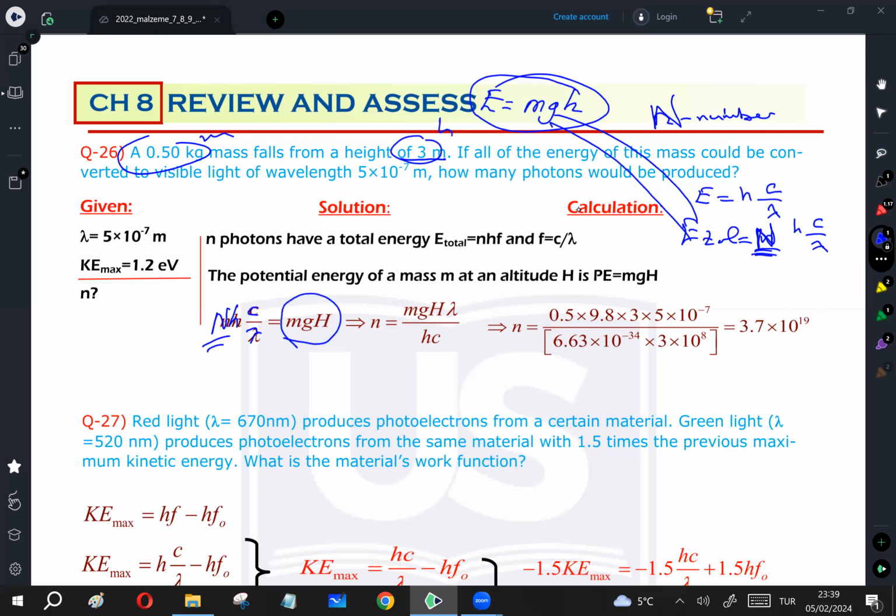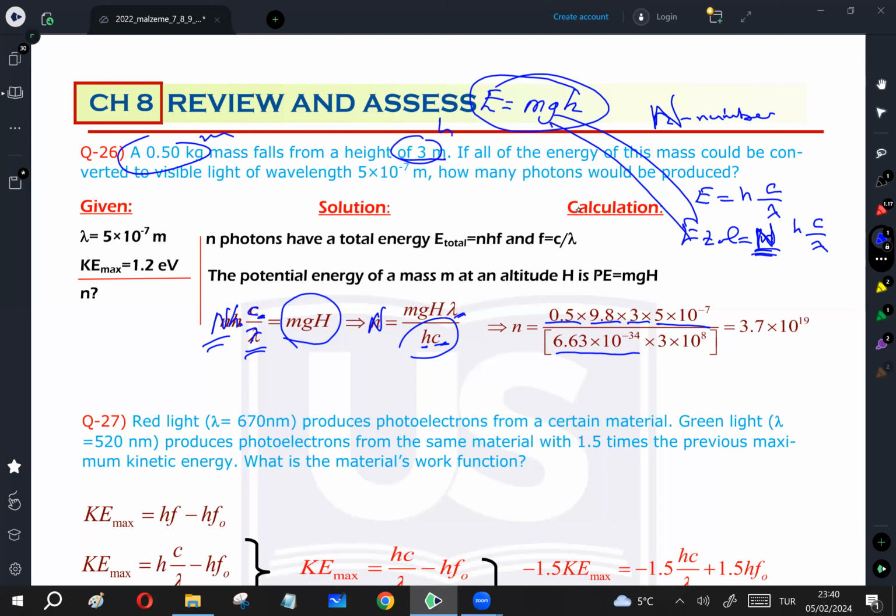Then I will calculate this N. I have to transfer hc over lambda to the other side. So lambda goes from denominator to numerator, c goes from numerator to denominator, h goes from numerator to denominator. So it becomes mgh lambda divided by hc. After that, you are going to write mgh lambda.